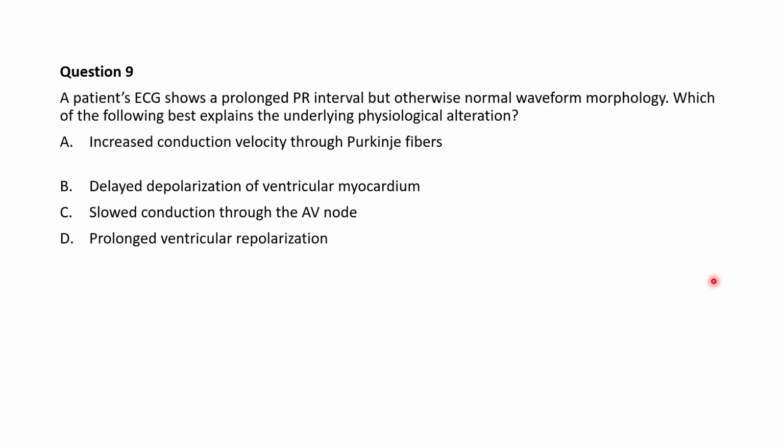Yeah, so you are right. It is option C, which is that there's a slowed conduction through the AV node.